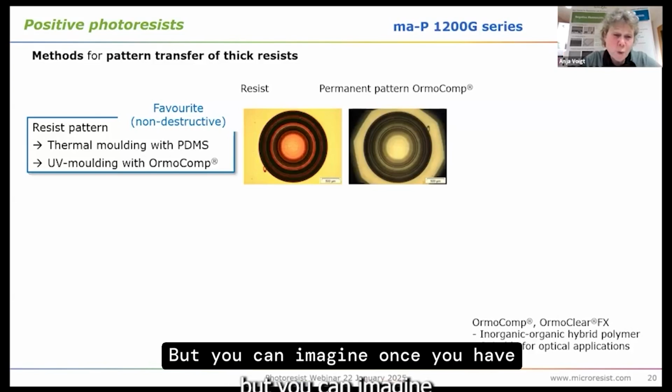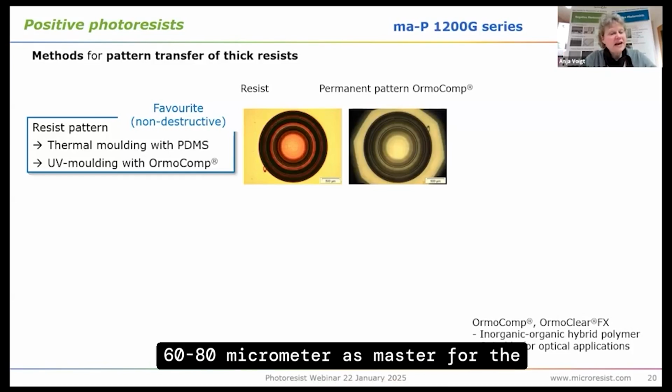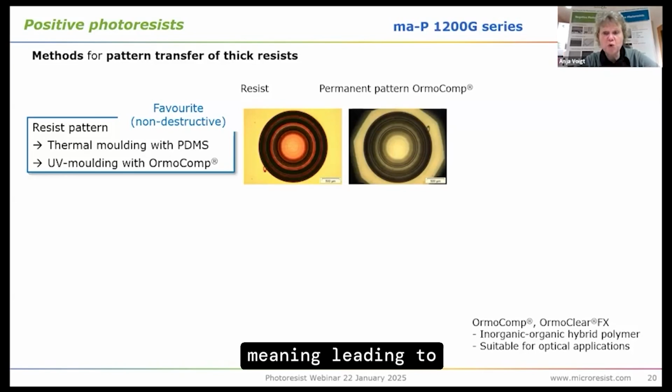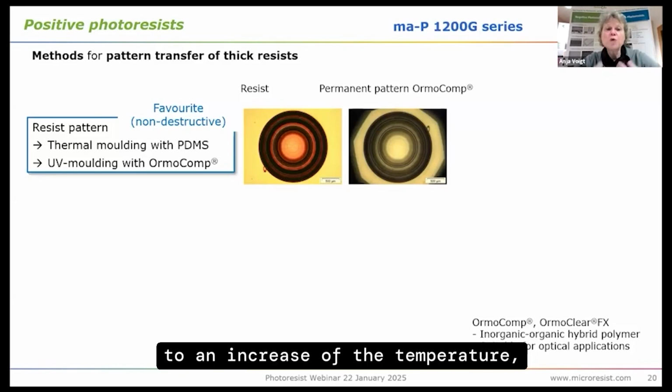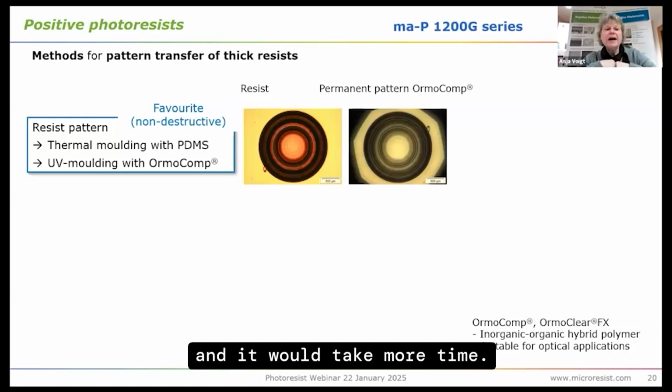But you can imagine once you have rather thick resist layers, about 60, 80 micrometer, as master for the grayscale, the etching becomes more challenging, meaning an increase of the temperature, and it would take more time.